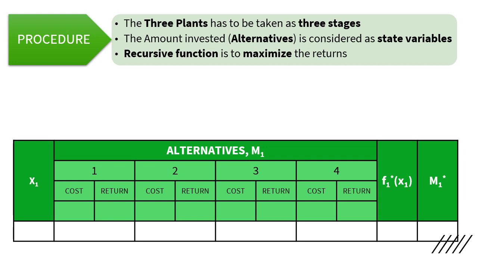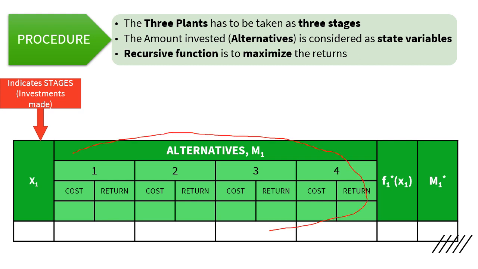So let us put a table like this, indicating alternatives, stages and the functions. So here x1 indicates the number of stages, which means each plant, and the alternatives. This one is the amount we are spending, which means we are going to spend 1 crore, 2 crore, 3 and 4.